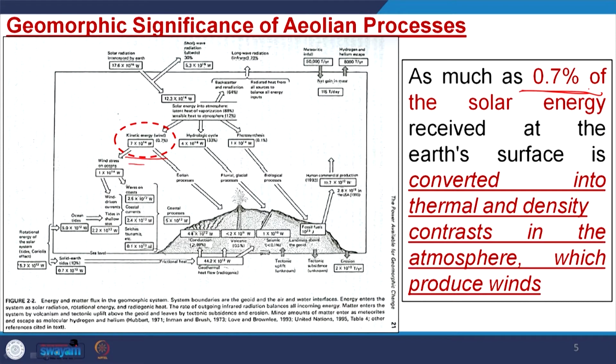This 0.7% of the solar energy received at the earth surface is converted into thermal contrast as well as density contrast of air in the atmosphere, which produces wind. Once wind is produced by thermal or density contrast, the wind tries to move from high density to low density area, from high temperature area to low temperature area.